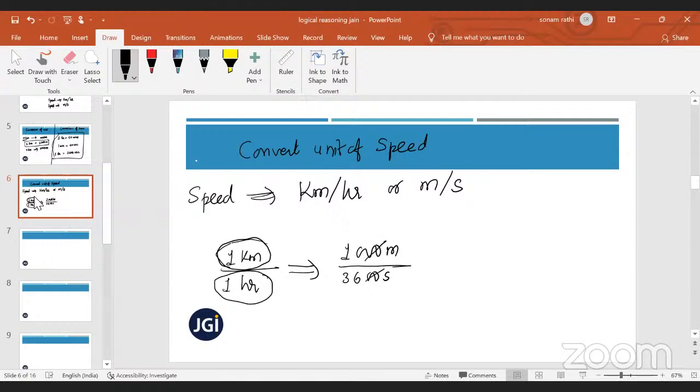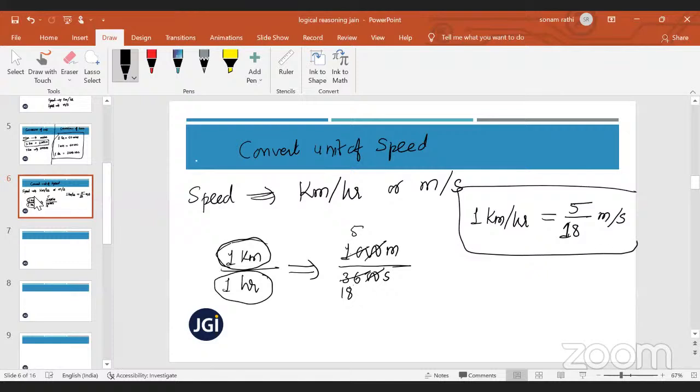So the zeros cancel out, 10 upon 36, that is 5 upon 18. So 1 kilometer per hour is equal to 5 by 18 meter per second. This is important.